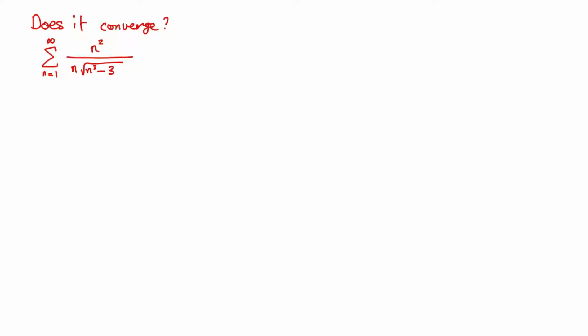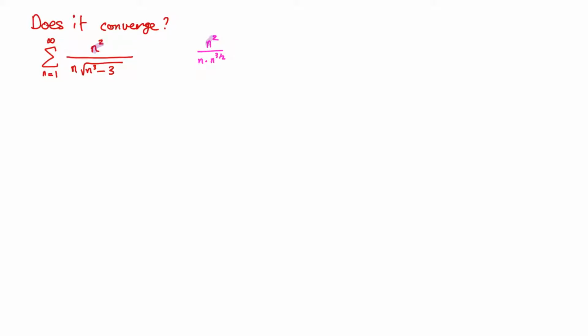For our second example here, we got n squared over the square root of n cubed minus 3. So we're going to look at the highest power in the numerator and denominator. That is n squared over n to the 3 over 2.